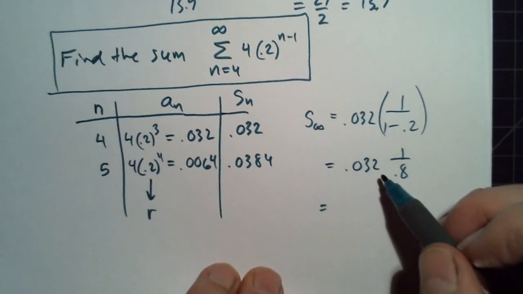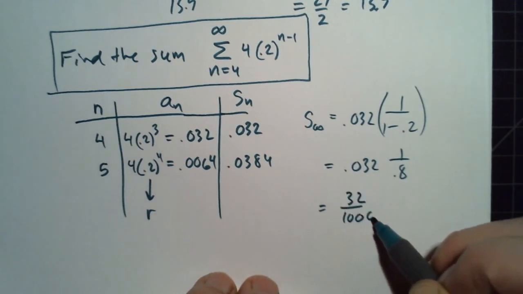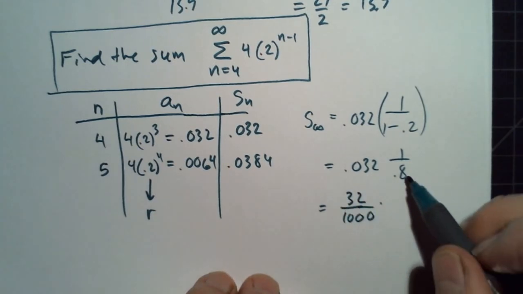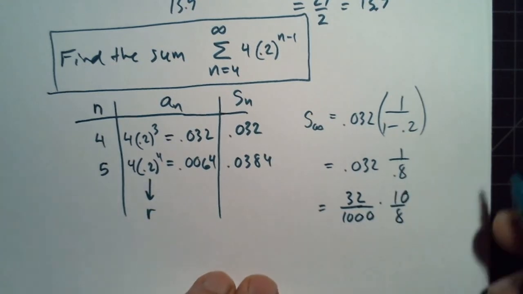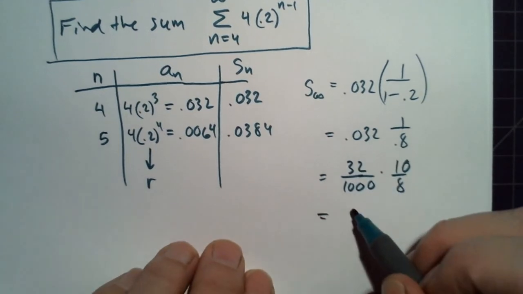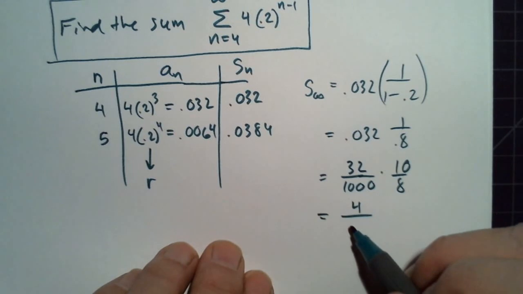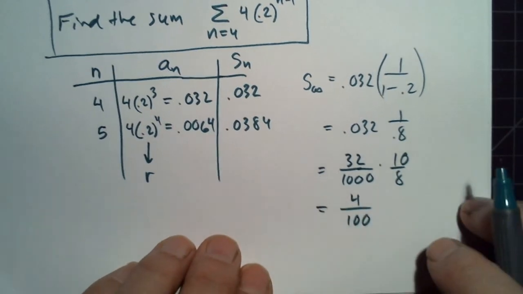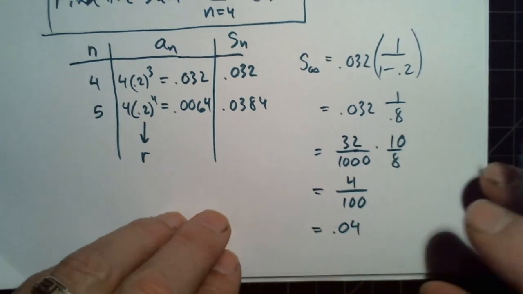and we can do it without a calculator if we just write, that's 32 over 1,000, and this is 8 over 10, so 10 over 8 because it's a reciprocal. So then we have 32 divided by 8 is 4, and this will reduce to 100, and we have 0.04 as the sum.